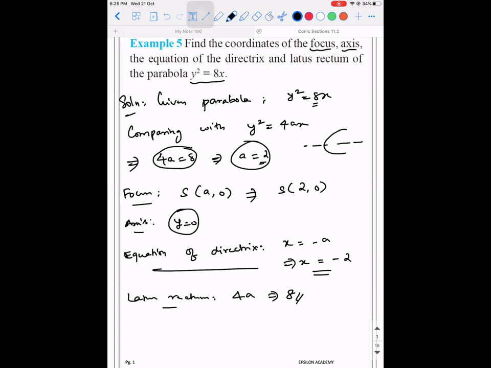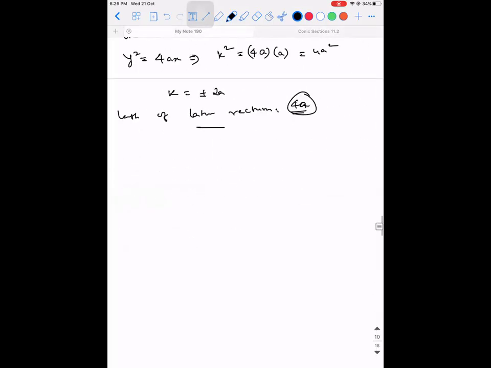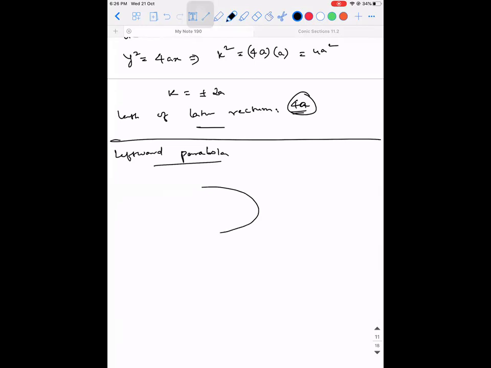Okay? Now see, if I have a leftward parabola, so it is going to be like this. For a leftward parabola, what will be the focus?